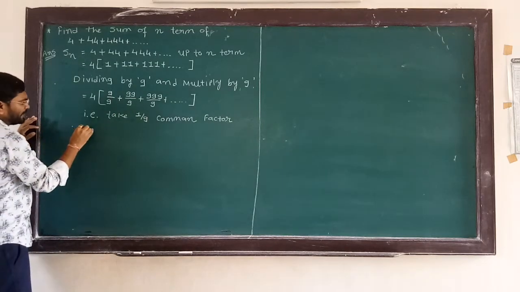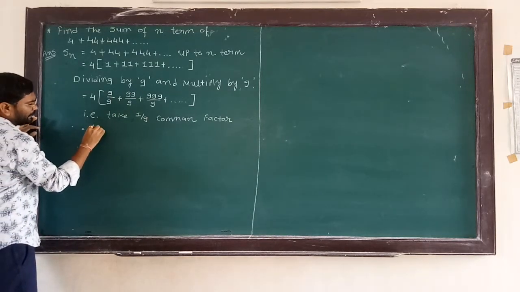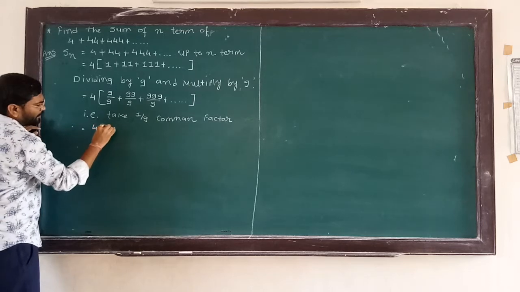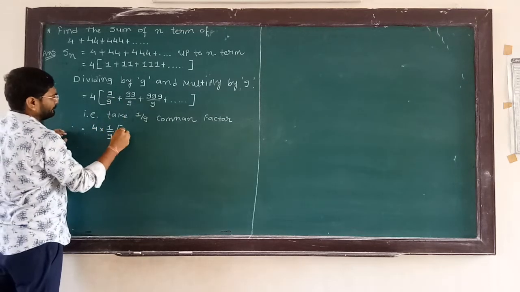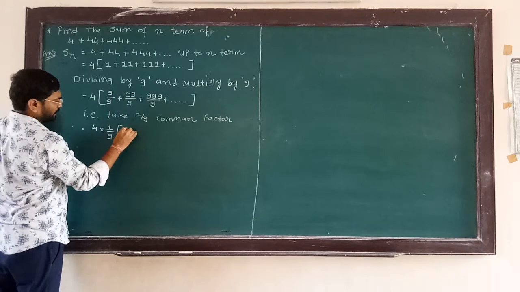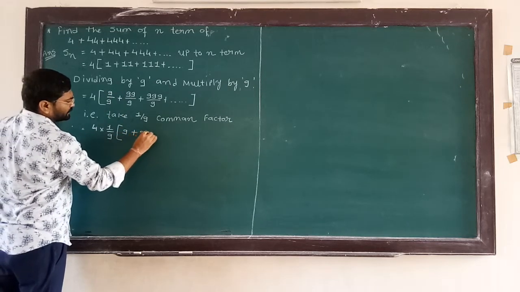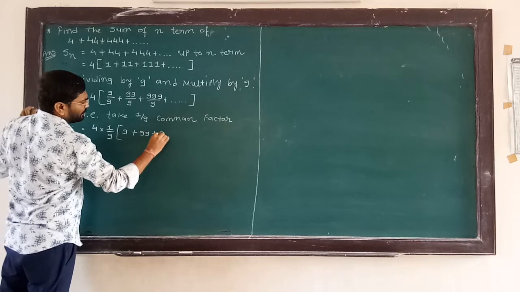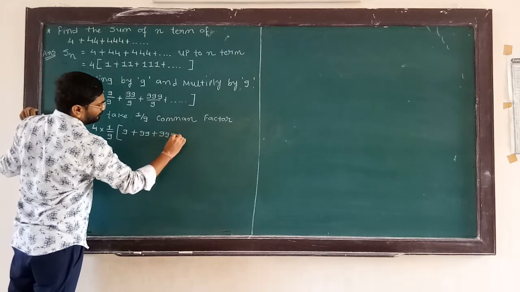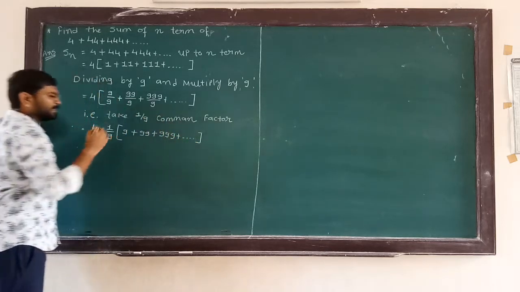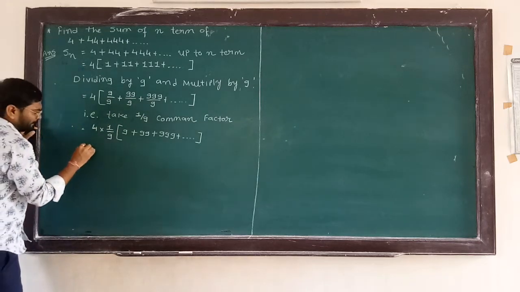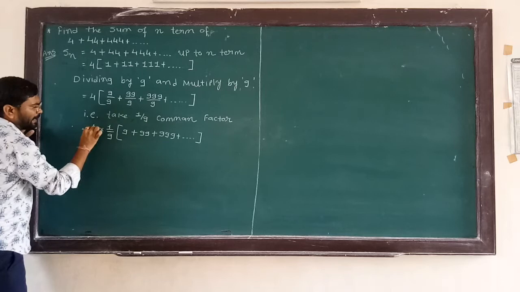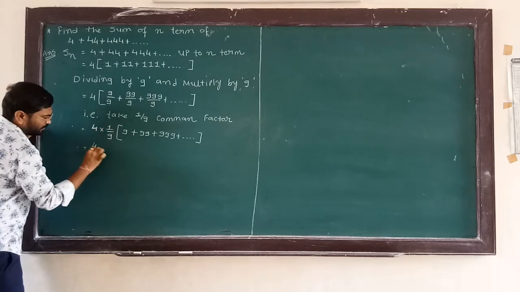So the result is 4 into 1 by 9 times 9 plus 99 plus 999. Now out of that, students, multiplying 4 into 1 is 4 by 9.